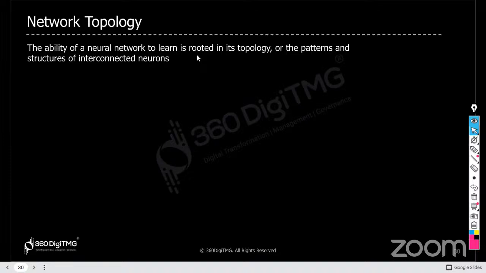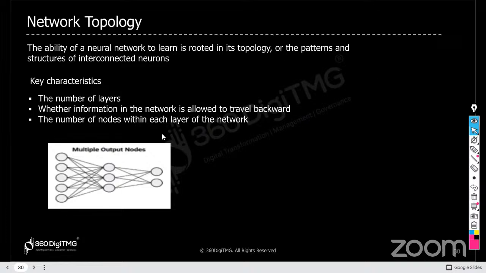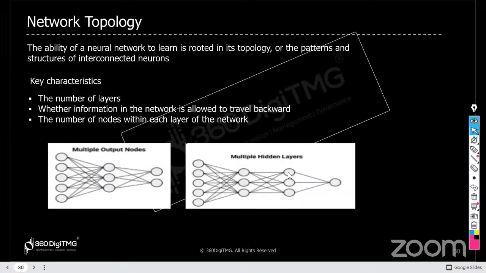You come forward, calculate the loss, go back, update the weights, and you will have an input layer, hidden layer, and an output layer. There is no restriction that you should have only one output node or multiple input layers. See here, the number of layers, whether the information is allowed to travel backward, the number of nodes in every layer. Multiple output nodes can be there, and multiple hidden layers can be there. Anything is possible.